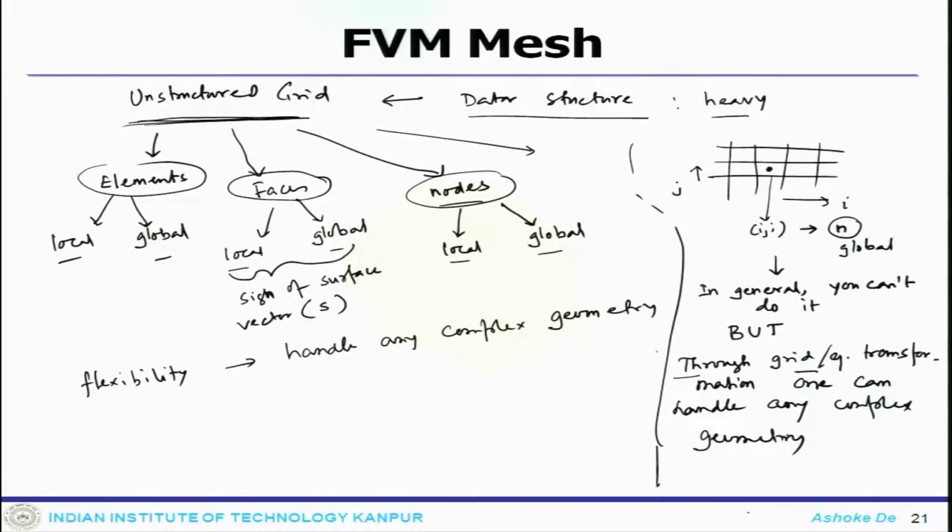When you do the transformation, that also involves a lot of challenges. Why? Because you need to calculate your Jacobian, your transformed derivatives, and your cross derivatives, and that will come with all other associated terms.